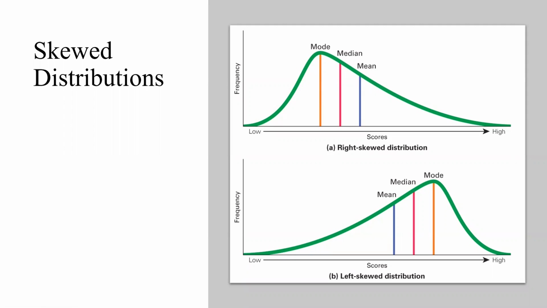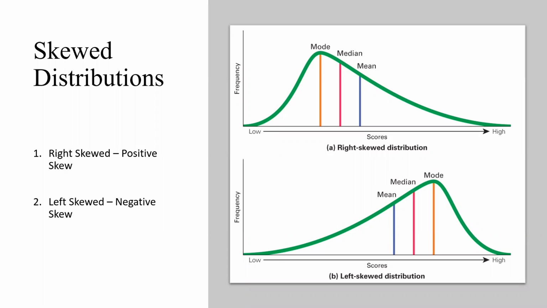So the one on the top is called a right skew distribution. The one on the bottom is called a left skew distribution, and skewness basically tries to identify how much deviation this particular distribution has from a perfectly symmetrical distribution. Based on that deviation, it identifies the magnitude, and that skewness is taken into account.